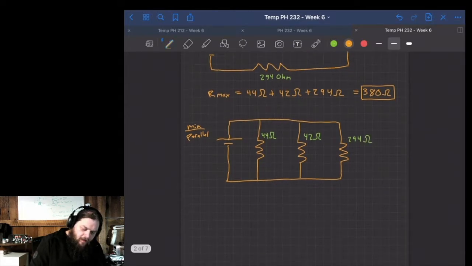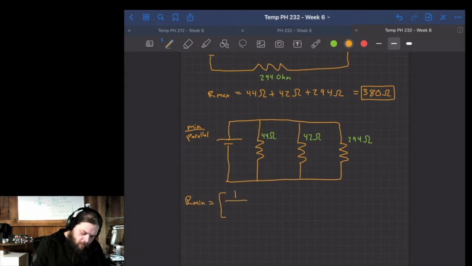And to find the resistance at the minimum, so let's say R min, that's going to equal 1 over 44 ohms plus 1 over 42 ohms plus 1 over 294 ohms.